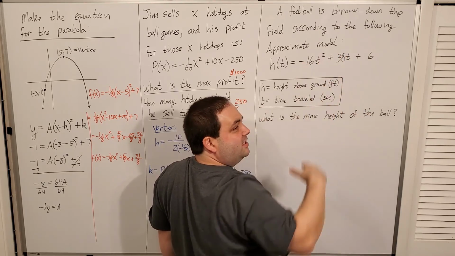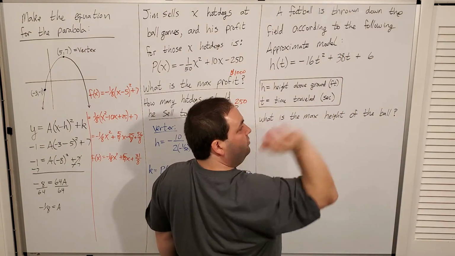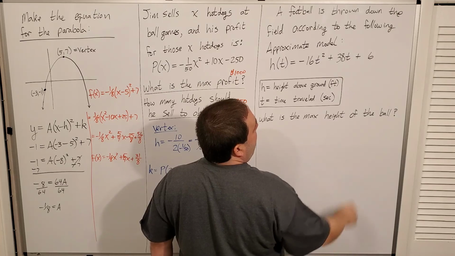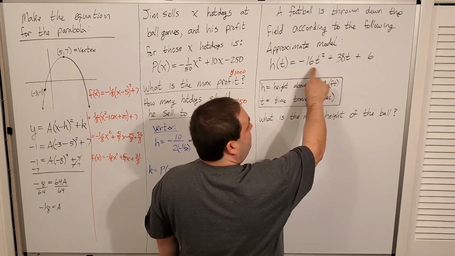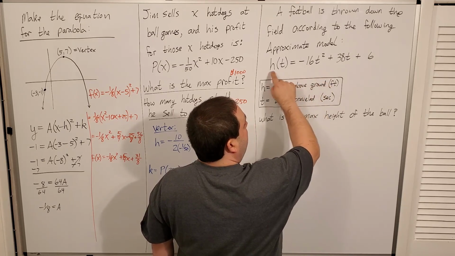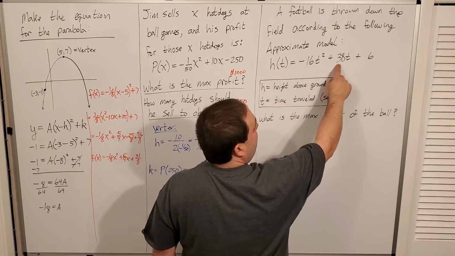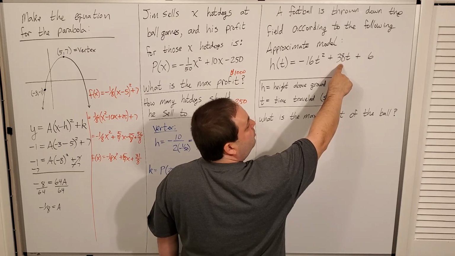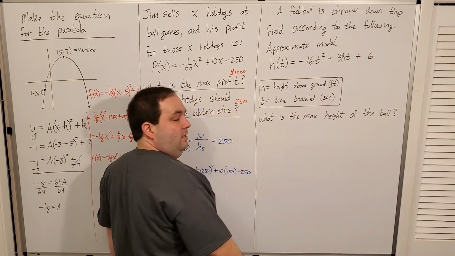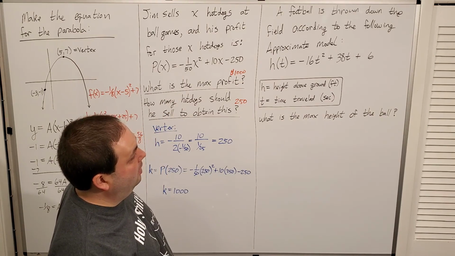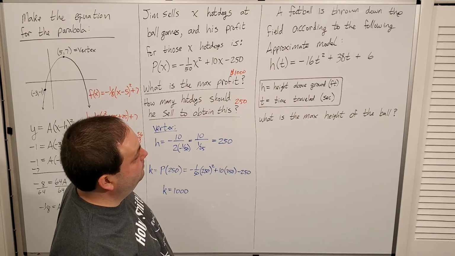So we're saying about 6 feet off the ground is what it was thrown from. And now remember, this t is not x, right? This is just time. So the height has an initial velocity of 38 feet per second. And then, of course, the pull of gravity at negative 32 over 2 feet per second squared.